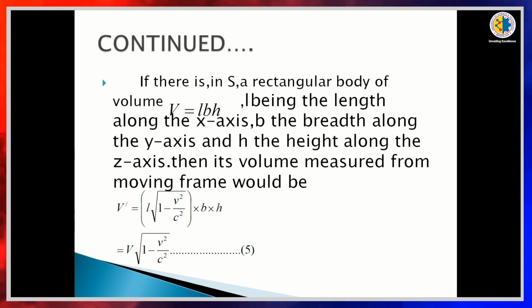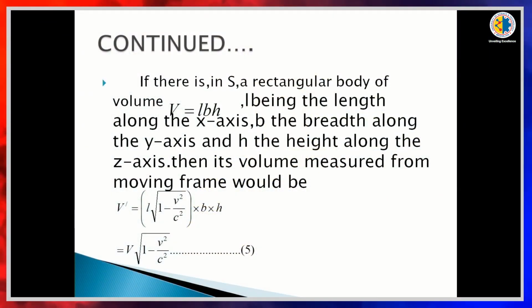So, in this case we consider a rectangular body, and we suppose its volume is capital V with respect to the S frame and capital V dash with respect to the S dash frame.